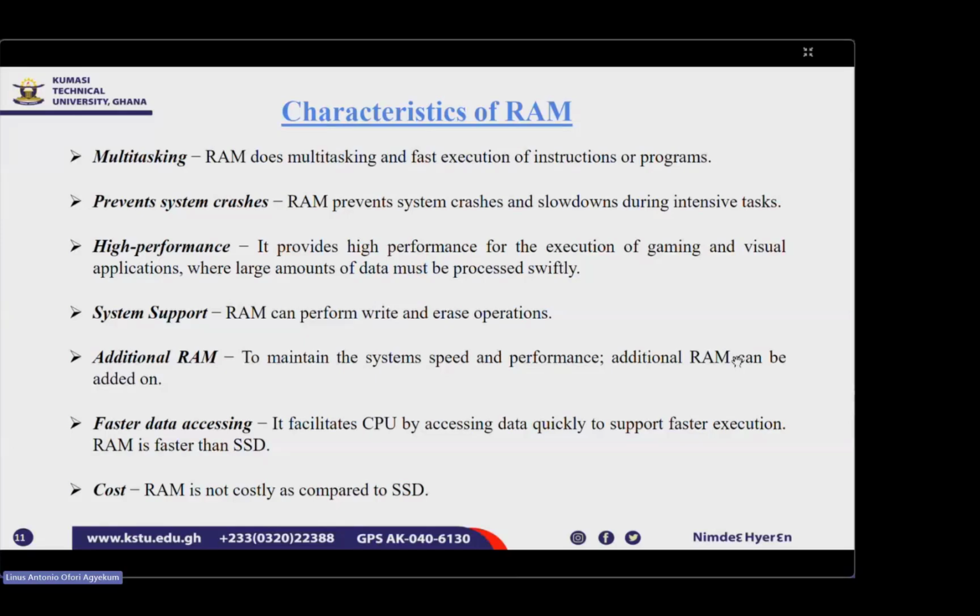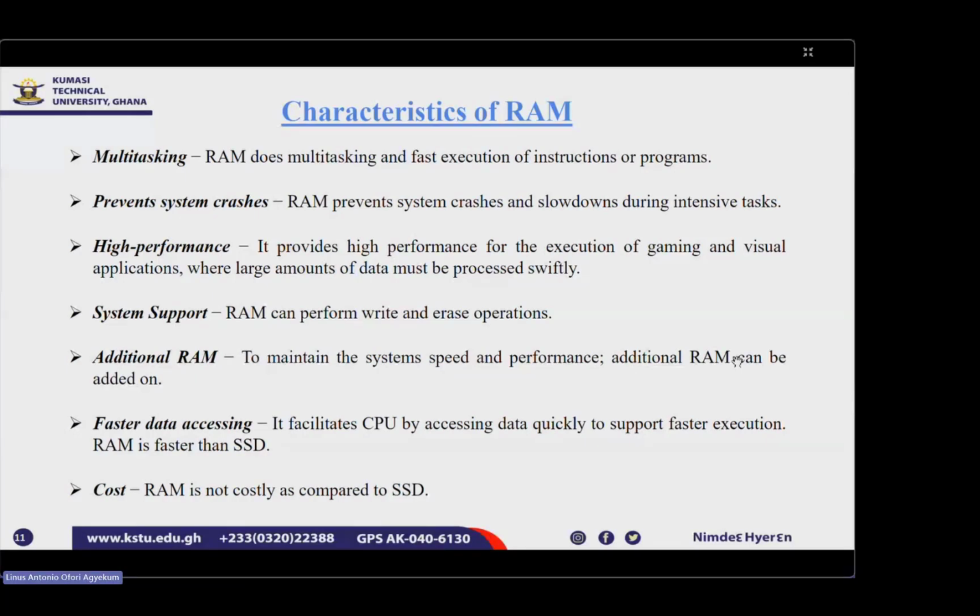And then it has a system support feature on its own because of its capability of allowing us to perform a write or erase operation. And because it is closer to the CPU, it facilitates faster data access.